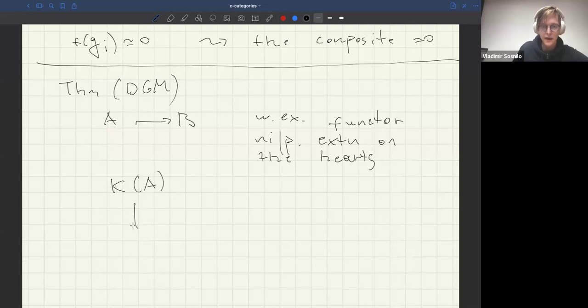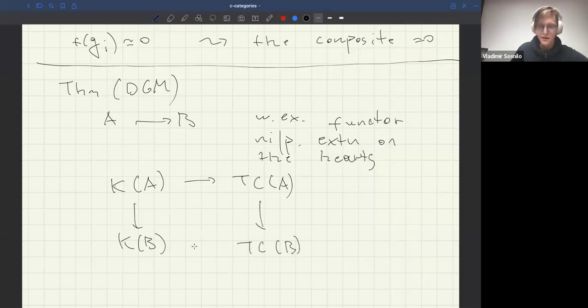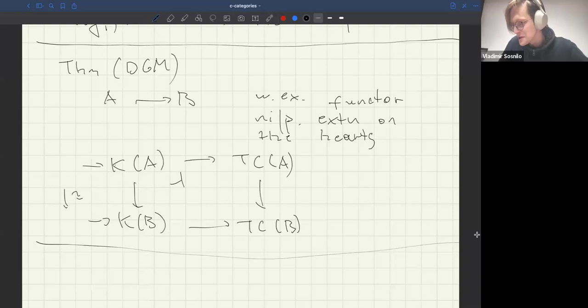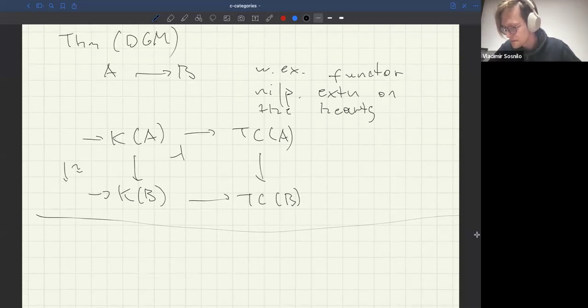We have K theory of A going to K theory of B, and here we go to TC of A and TC of B. The diagram is Cartesian. In particular, the fibers are isomorphic. Okay, now I can finally go to the second part. And let me know if there are questions.